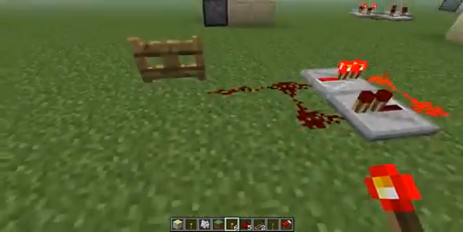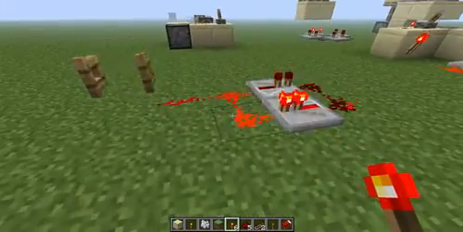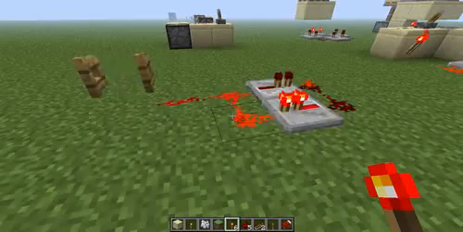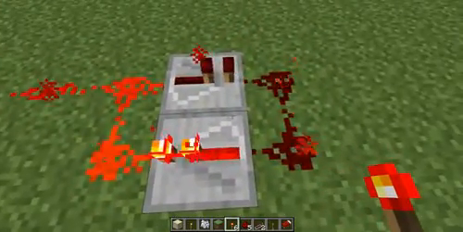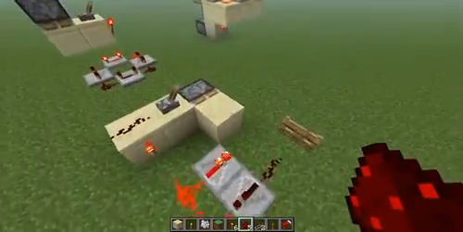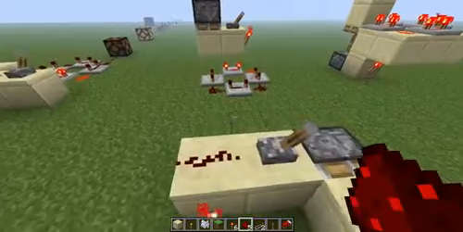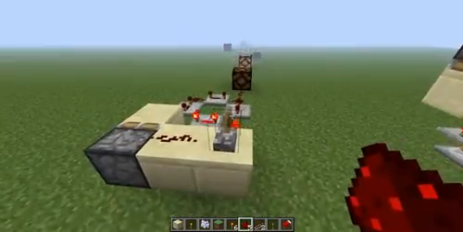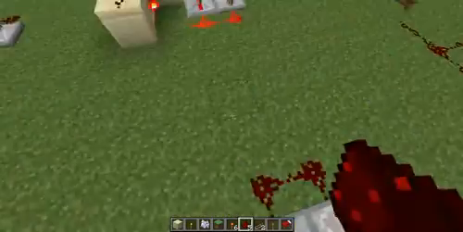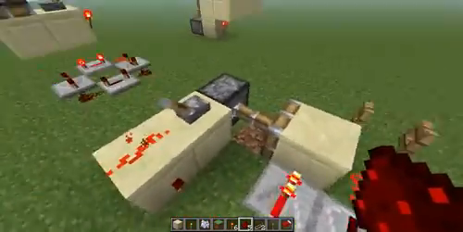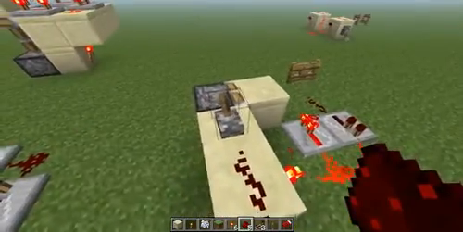You can see this door opens and closes rapidly just because it's such a fast clock. And we can also control it the way we did here. Just flip this lever and it turns off.